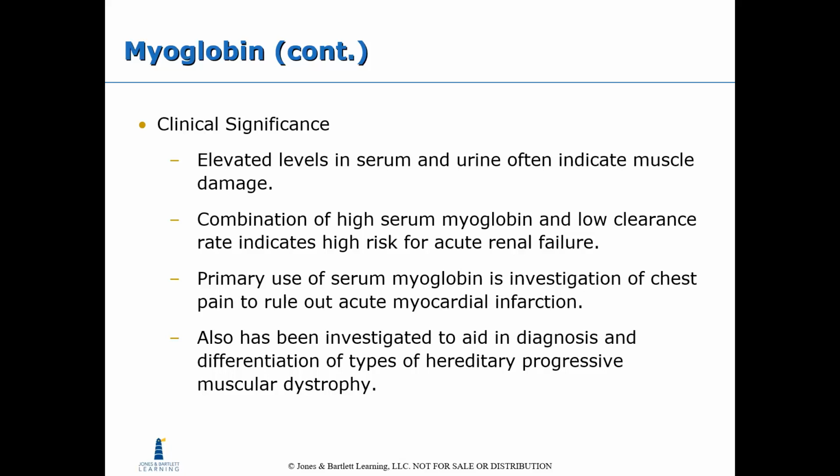You want to measure very early on from the onset of symptoms, within the first 8 hours, and you want to measure a second time, a little bit later, but still within the first 8 hours. And if you see a rapid increase in myoglobin, that's an indicator, along with other signs, symptoms, and cardiac markers that we'll learn about later on in the semester, that can indicate a myocardial infarction.